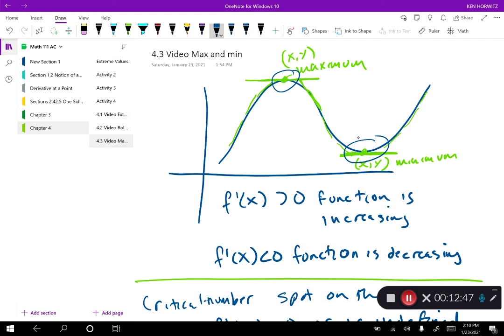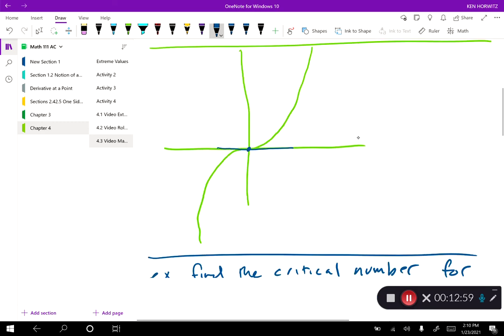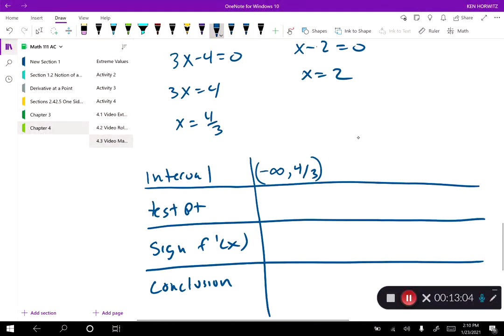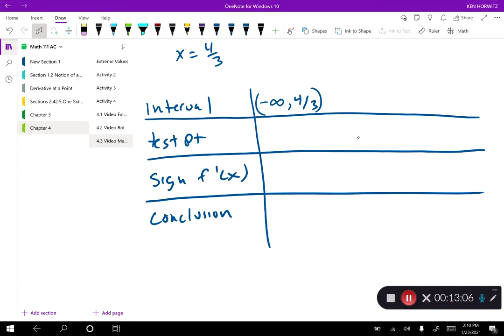All right, so basically what I want to know is, am I increasing or decreasing up to the critical number? Does the critical number force me to change direction? So for example, if I'm increasing from negative infinity all the way to 4/3, I'm not changing direction until 4/3.